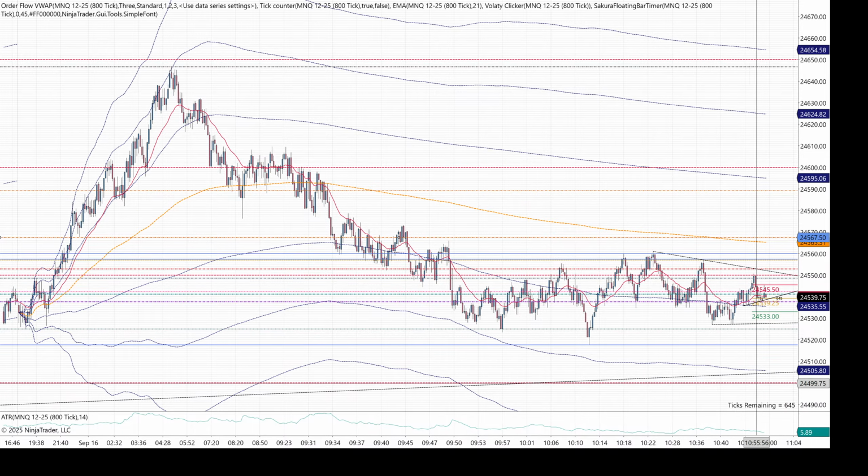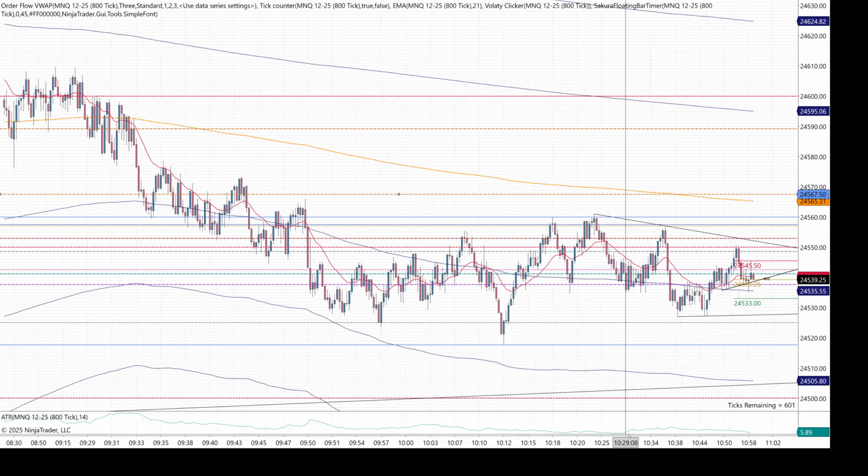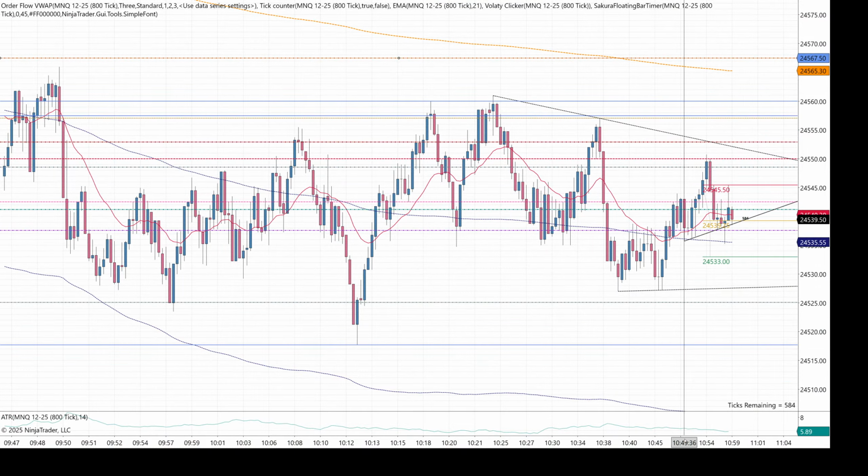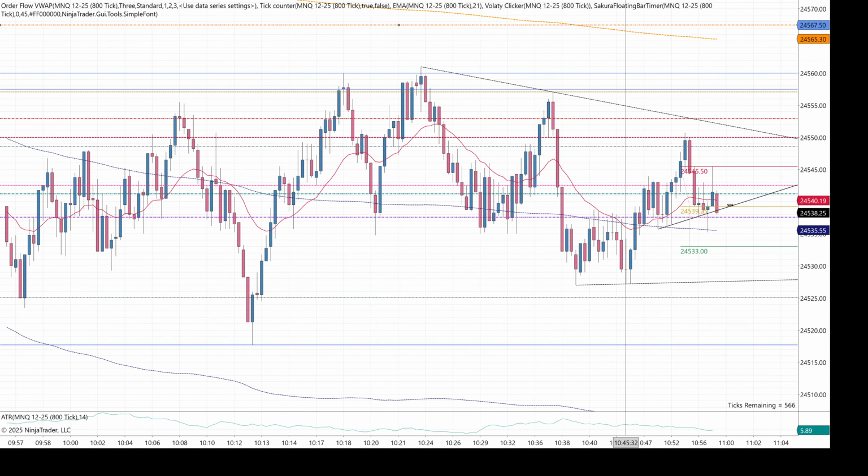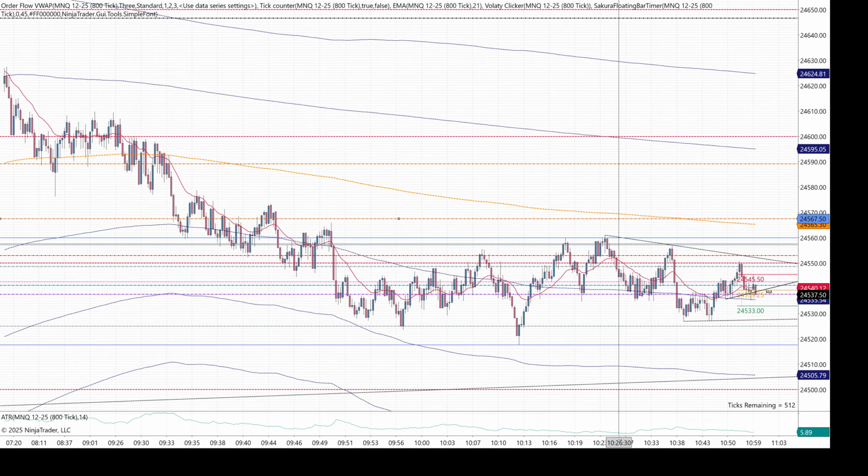Well, the 15-minute opening range is way above us, so we're not anywhere near it, but we are in this bigger, I guess, let me see if I could draw that for you.